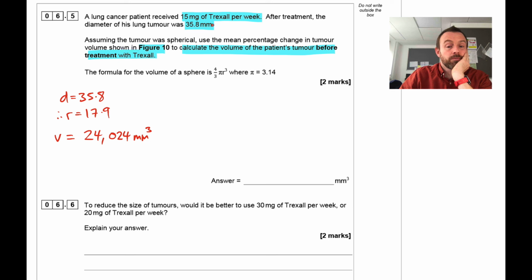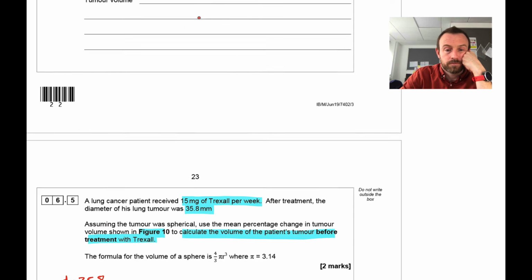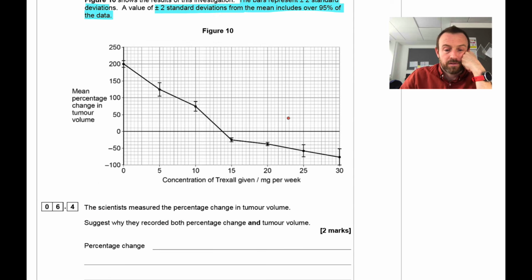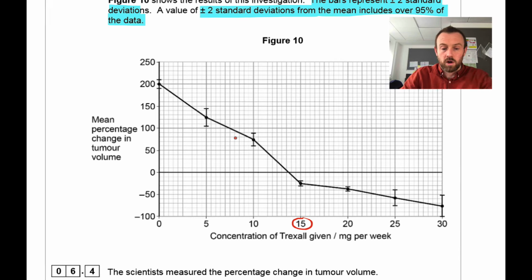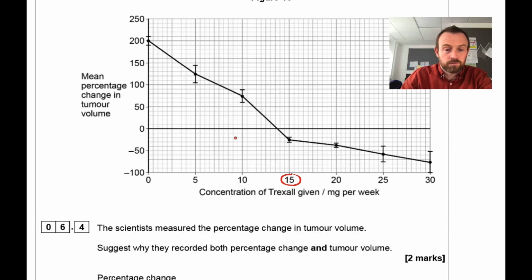So we want to know the volume before, and this is, okay, so 15 milligrams of Trexel. So let's go back up here, 15 milligrams of Trexel. If we zoom in, what kind of reduction in tumor volume can we get? It looks to be bang on minus 25%.